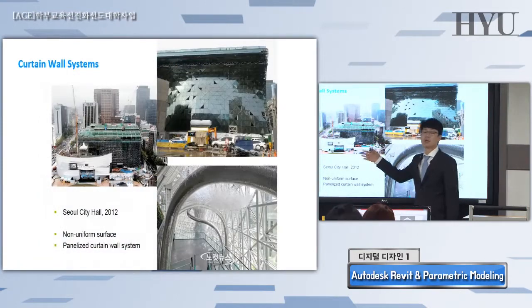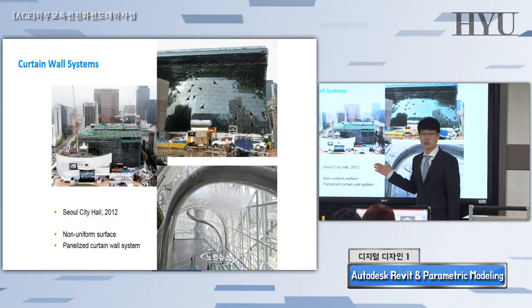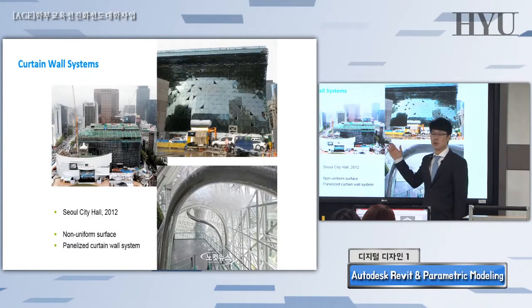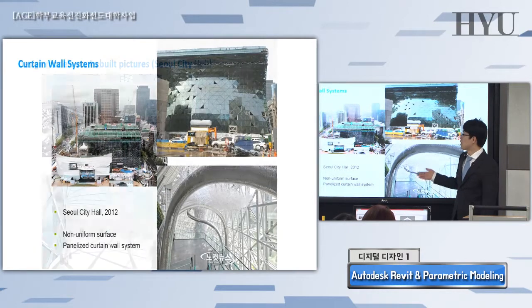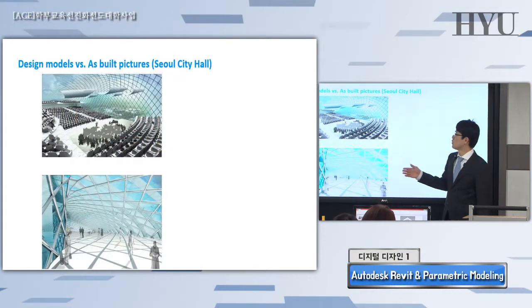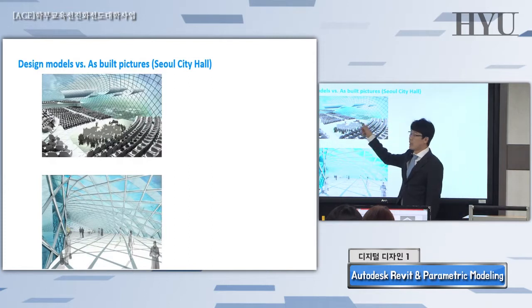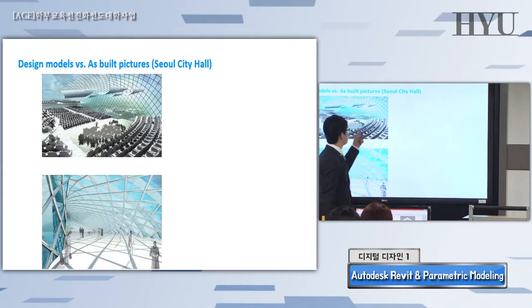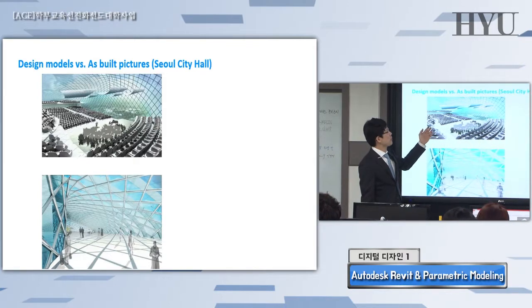Now this building is in operation, but unfortunately, this is one of the worst buildings in Korea nowadays. But anyway, my point here is, take a look at this conceptual design model. At an early phase of design, architects made this kind of visualization. The architect's intent is simple.